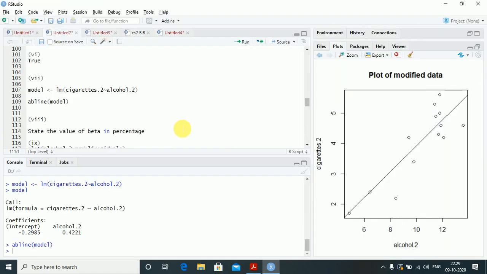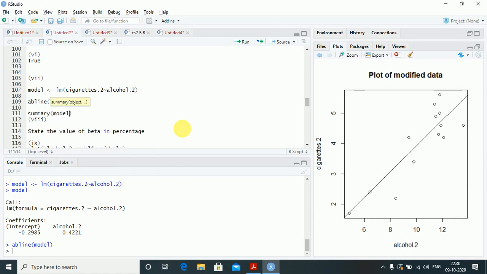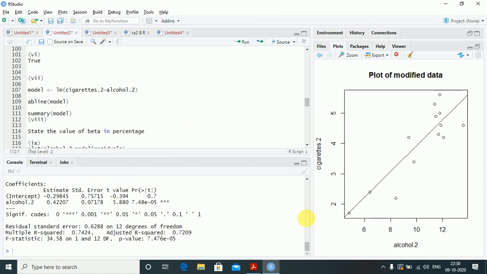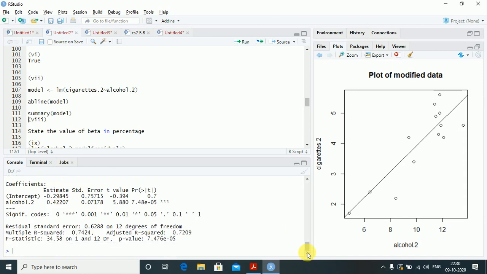So if you run the model summary, you will see the error values have been given to us.